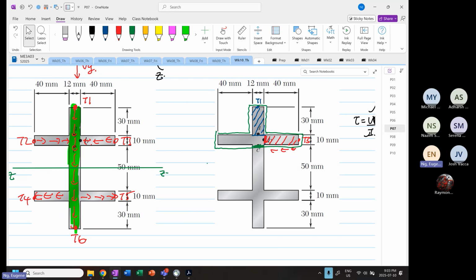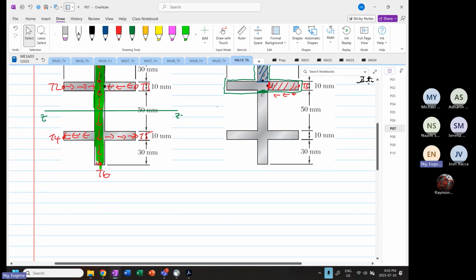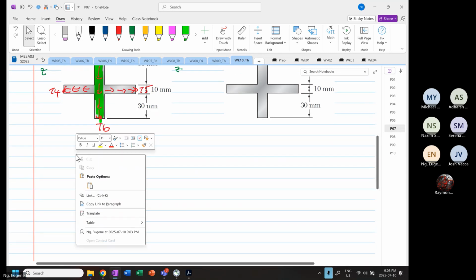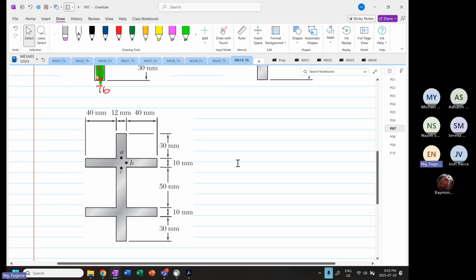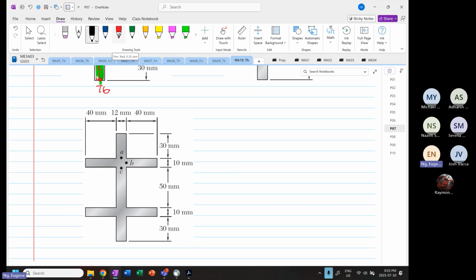Okay, let's do another one. What if now it is different, right? What if now we have Vz? Okay, so rather than Vy, now we're going to start from Vz.